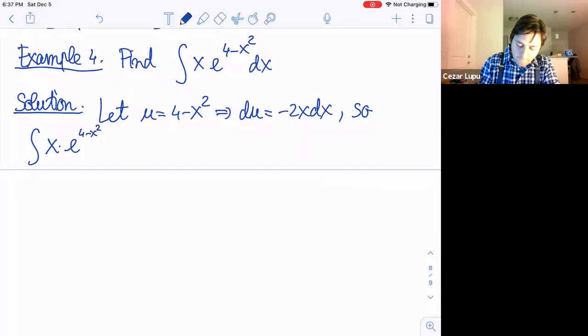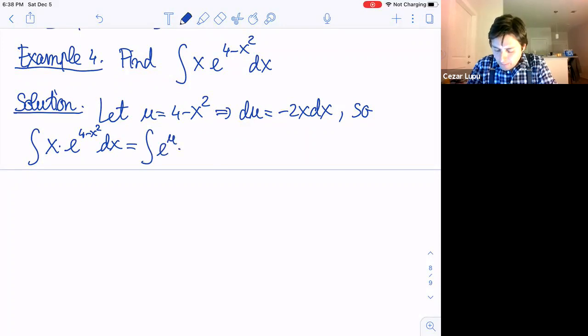So our integral, the integral of x times e to the 4 minus x squared dx is equal to the integral of e to the u times x dx. So x dx is negative du over 2.